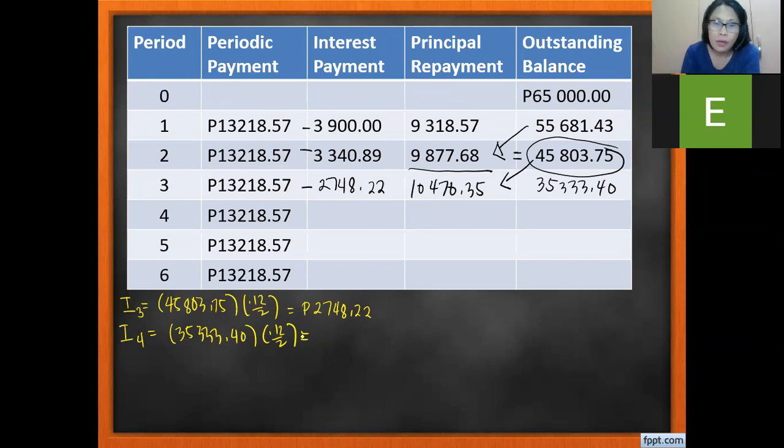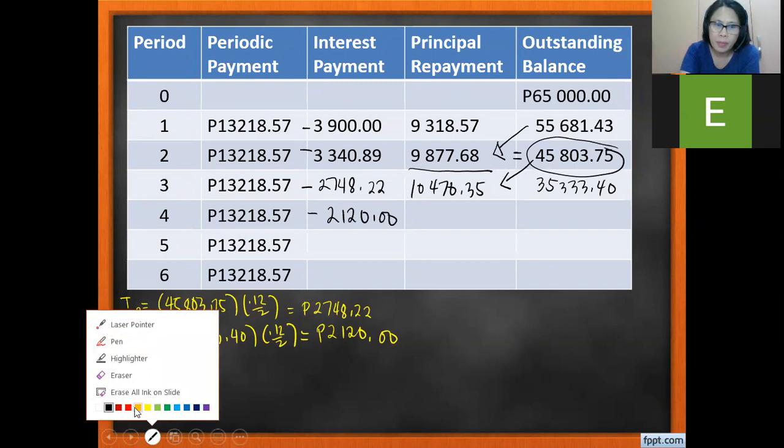So you have 2,120.00. And that is your interest payment on the fourth period. So this is 2,120. And then subtract this from 13,218.57. So input in your calculator 13,218.57 minus answer.